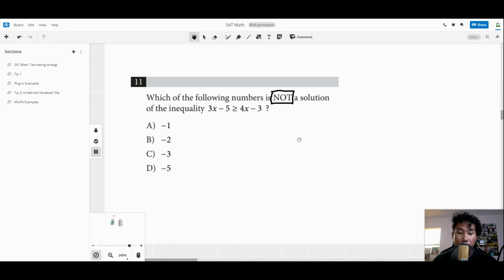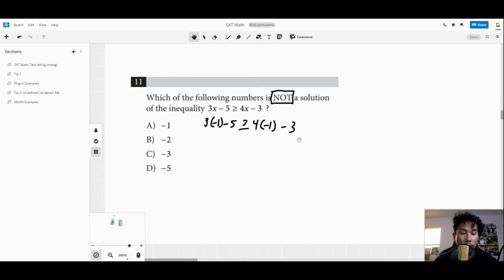Again, I'm looking for something that does not work. So if I substitute negative 1 in for x, I get 3 times negative 1 minus 5 is greater than or equal to 4 times negative 1 minus 3.